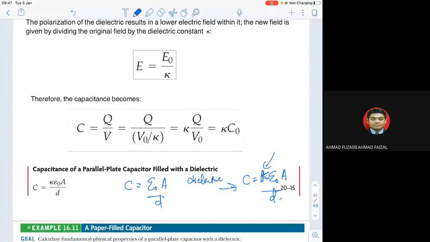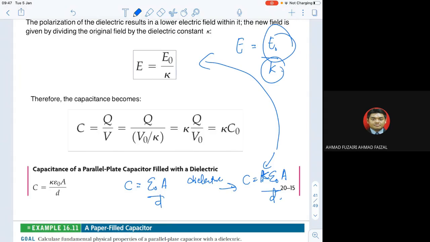So we can find that when we try to change the capacitance, it also changes the electric field. You can see here that the new electric field can be calculated when you introduce kappa. So this is the original E naught over kappa. So you can find the new electric field using the old electric field over kappa.